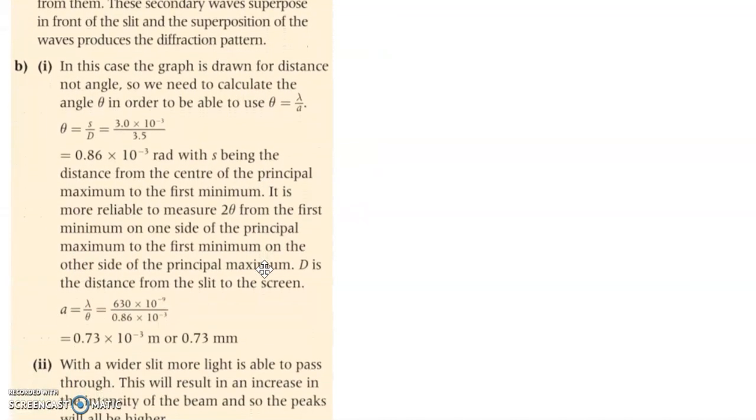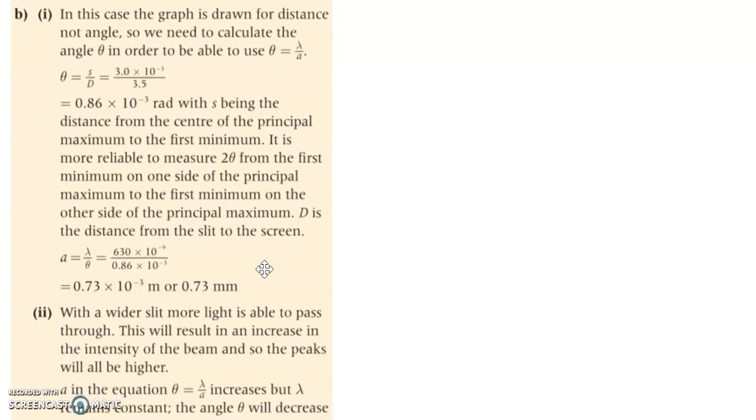It looks like they want us to know what most people call A, so they've been using A here, but in the IB equation booklet, this is a B. So we have theta equals lambda over B, so that we have B equals lambda over theta. So there you go. Just plug and chug those, make sure that this top one's in meters, make sure this bottom one's in radians, and you're good to go, because that gives us the answer in meters.